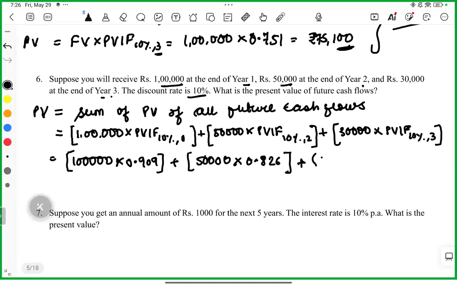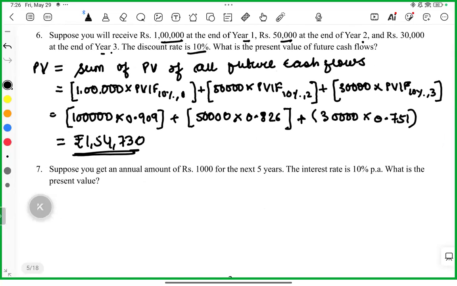And third is 30,000 into 0.751, 10% and 3 years in table C. Now just solve this and you will get a grand total of 1,54,730. So this is nothing but sum or total of all the future values at their present values. Okay.